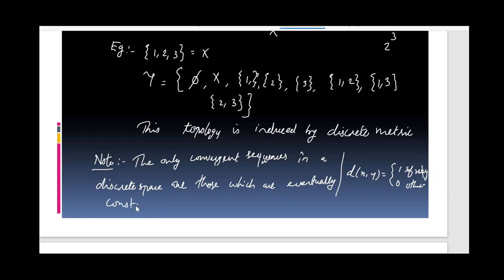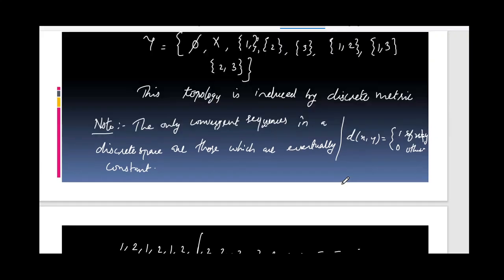Eventually constant means after a particular stage it should be a constant sequence. That is called eventually constant. So when you're having a sequence like 1, 2, 1, 2, 1, 2, 1, 2, and then all the members are 2, it is said to be an eventually constant sequence, because after a particular stage you are getting everything as constant here. So this is an eventually constant sequence.